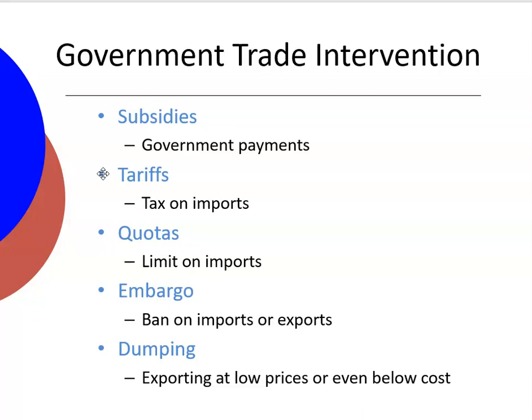Quotas are not a tariff. They just say, I'm going to limit the amount of goods that can be imported. You can only import 10,000 cars from Japan, for example. An embargo is a ban, right? Just a quota of 0. You don't allow it. And we typically do those to punish countries.